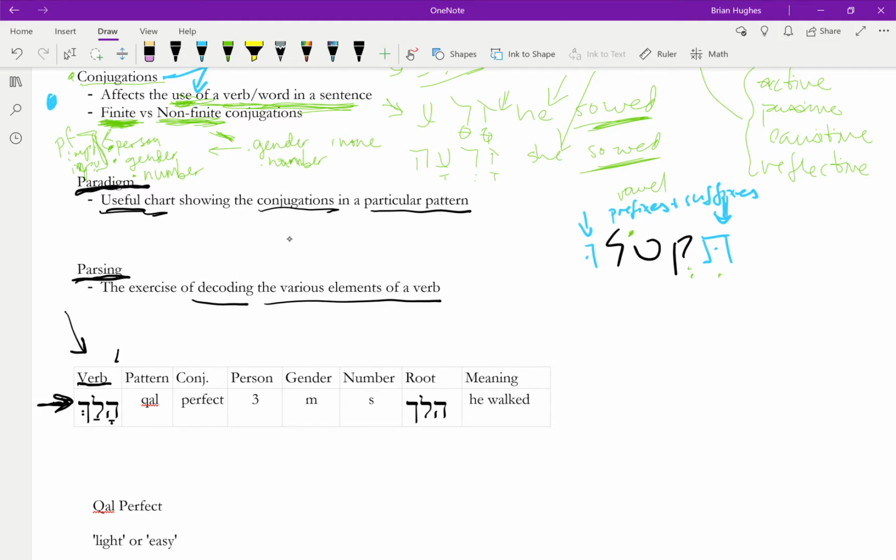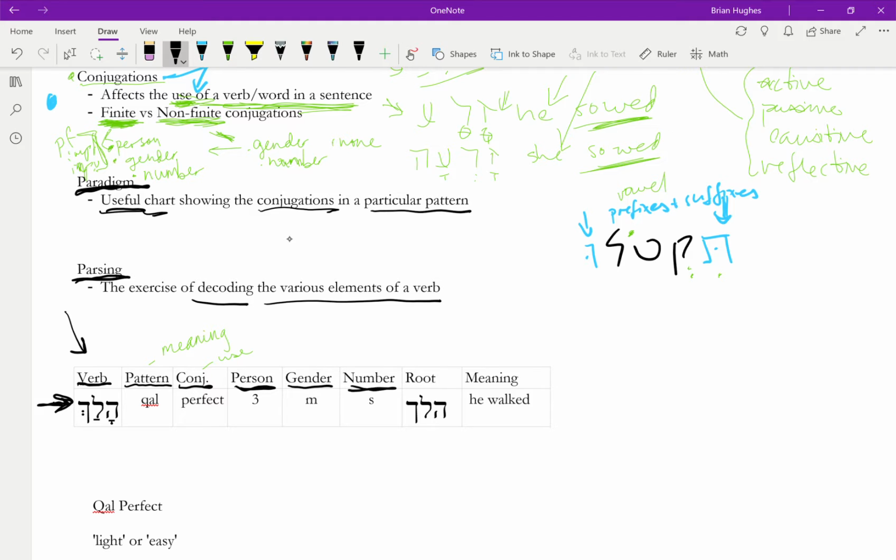But the parsing chart will have the verb, and then it'll ask you what's the pattern of this verb, which again affects the meaning. Then it'll ask you, tell me which conjugation this verb is using, and that is the use. Person is the person, gender, and number.